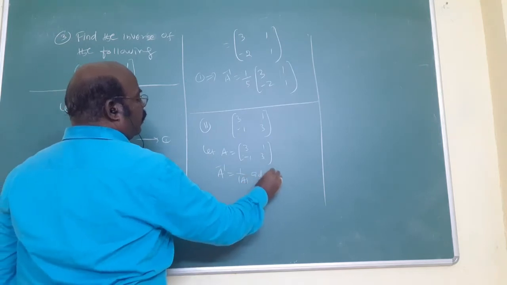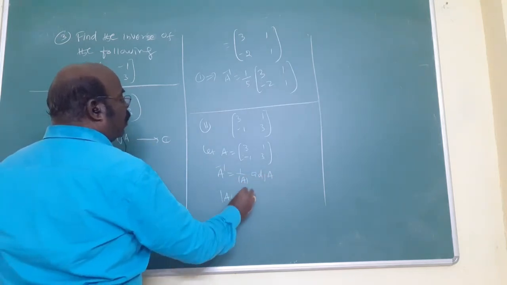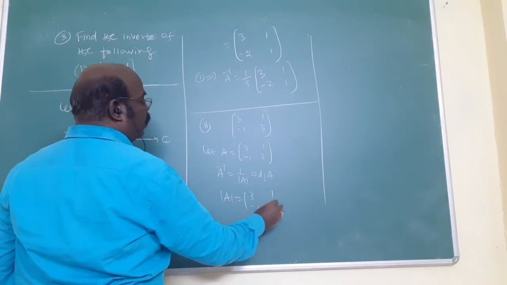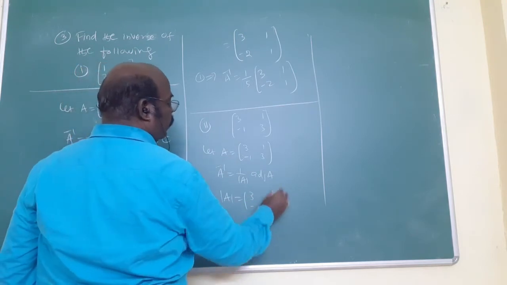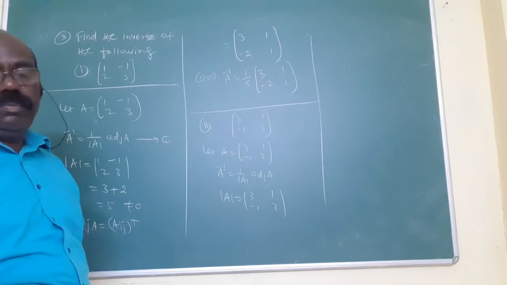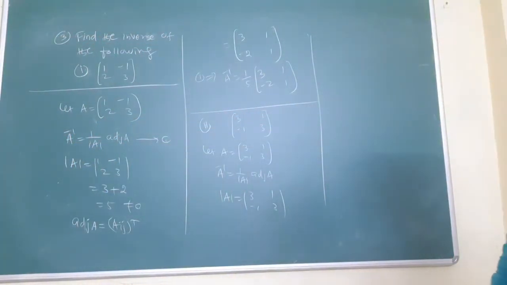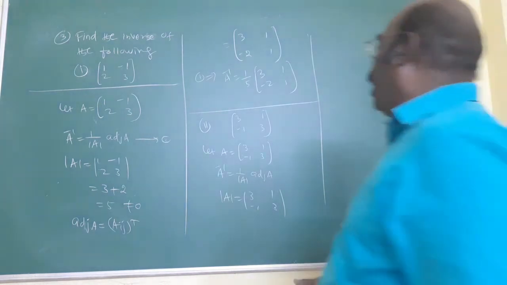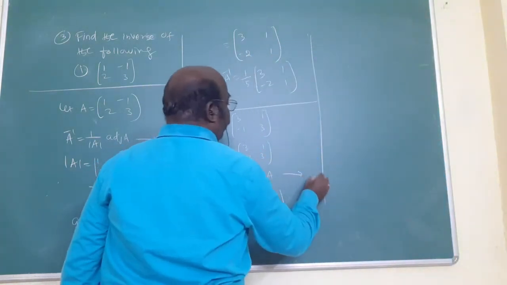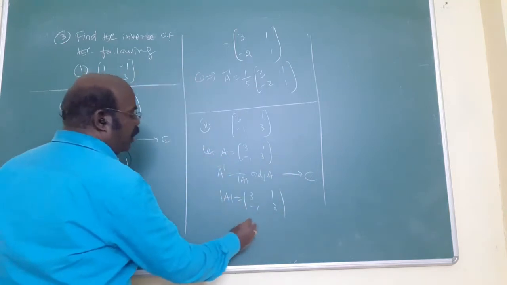This is the formula. Now denominator of A equals 3 1 1 minus 1. Same thing only. Let it be the A matrix. Write the formula clearly. First find denominator of A, because the formula involves denominator of A. Then find adjoint, and substitute all the values in the given formula. That is the answer.